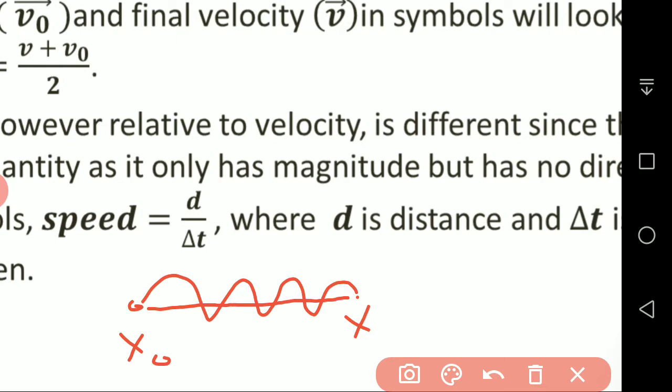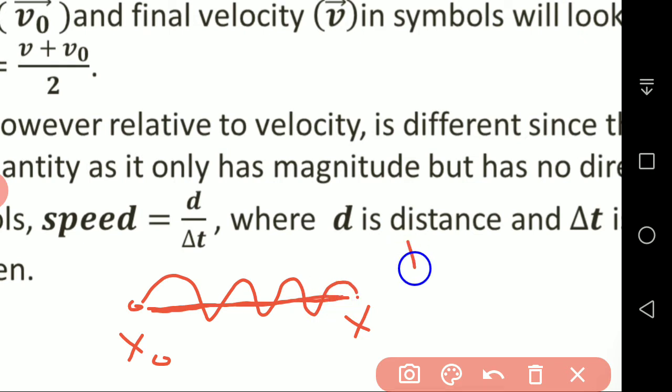Ang lalabas na sagot ay mas malaki. Mas mahaba yung dinaanan mo, mas mataas yung speed mo, pero yung displacement mo, basta ewan, yun na yun. Velocity, yung straight na line. So, yan yung displacement mo.